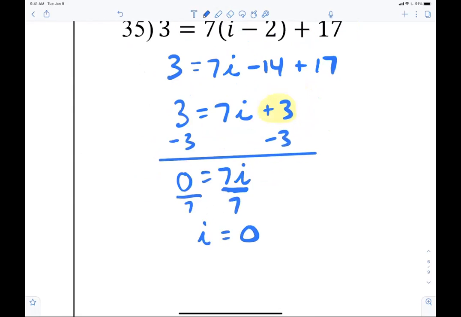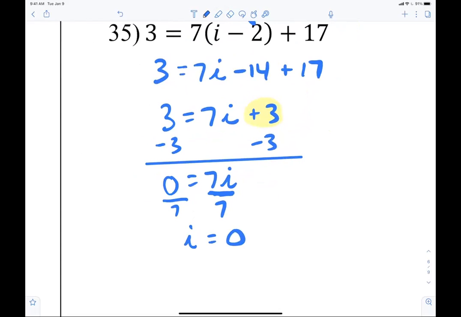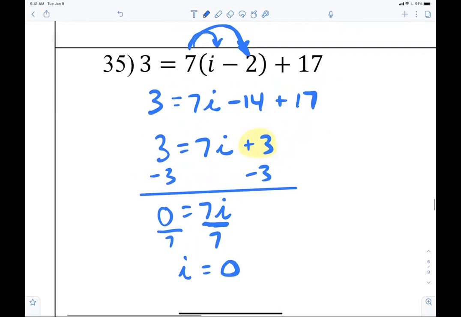Now look back at it for a quick second because we're almost out of time. Zeb's going to walk me through it again. Okay, how did I get 7i minus 14? You distribute. Okay, so now what? 7 times i. 7 times 2.